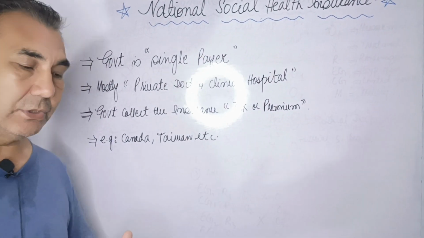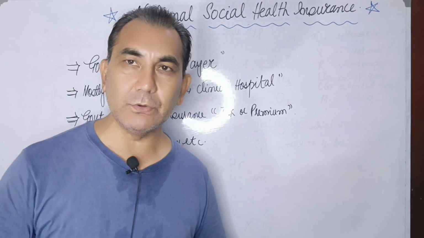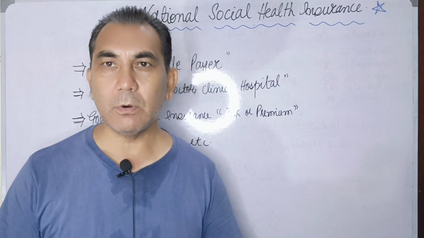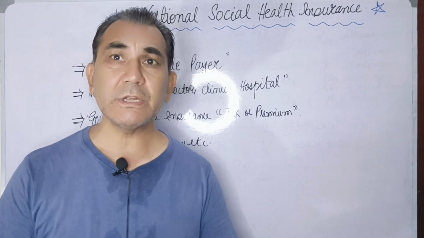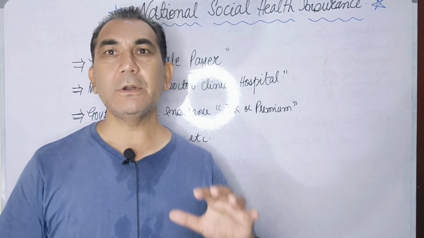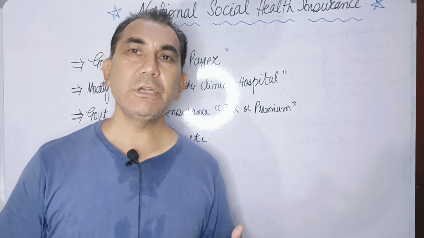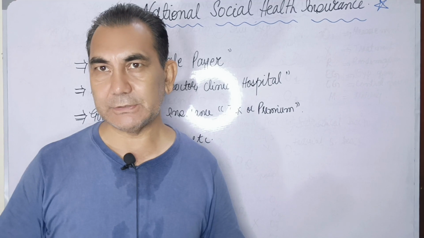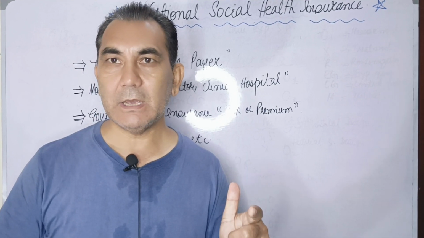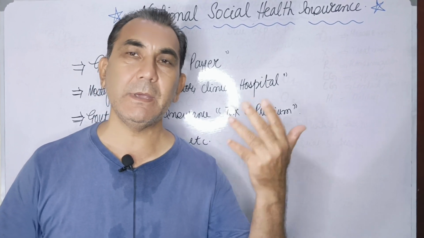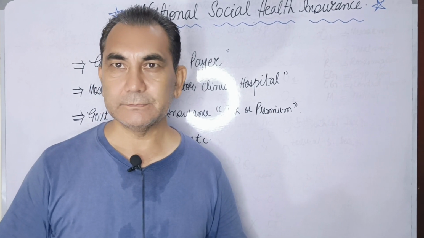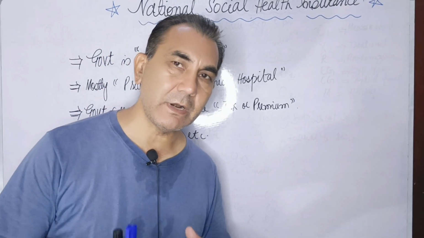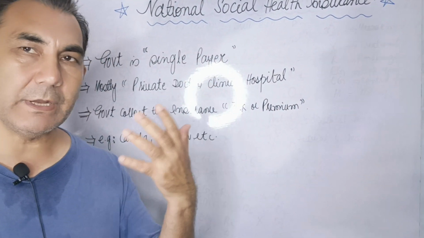The government is solely in charge of collecting the revenue for the health insurance in the form of premiums or taxes, mostly in the form of premiums. Under this system, most of the healthcare services are provided by the private sector. It may be doctors, healthcare providers, a healthcare center, or a tertiary care hospital. This system is mostly run in Canada, Taiwan, and many other countries.